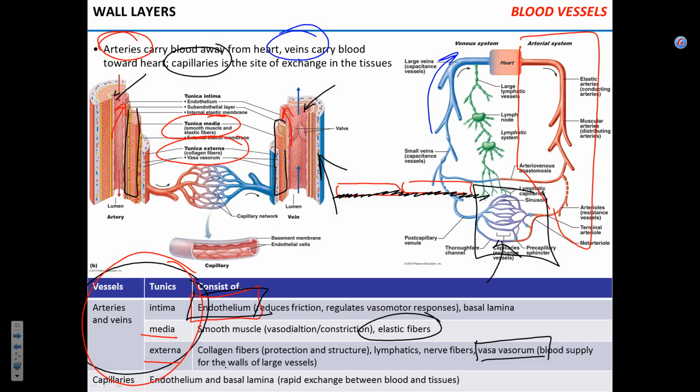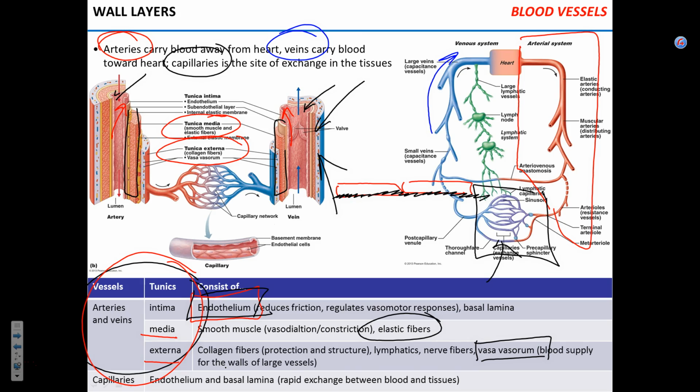In the body, the maximum distance for diffusion is 50 micrometers. So 1/20th of a millimeter. That's why in big vessels, the walls of the big vessels have their own blood supply. Does that make sense?